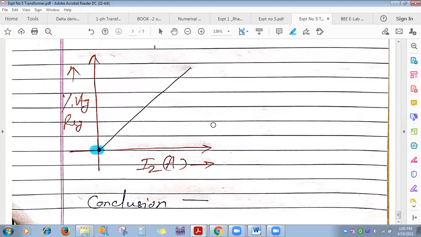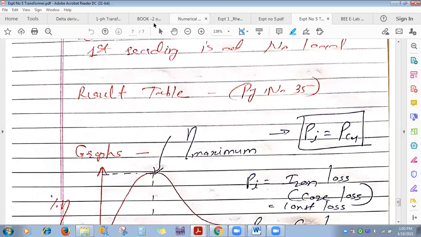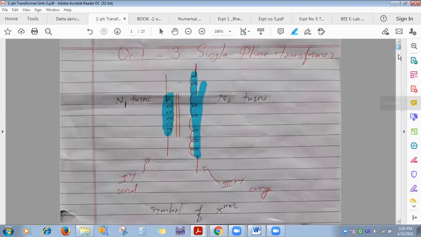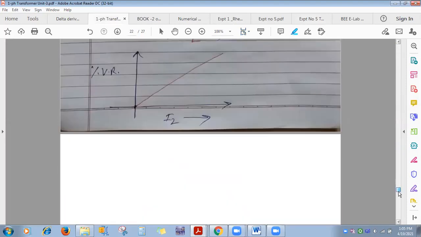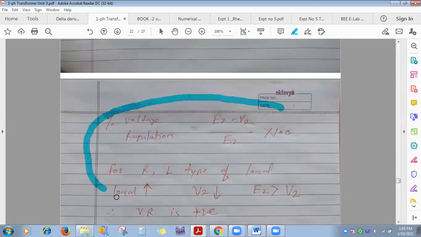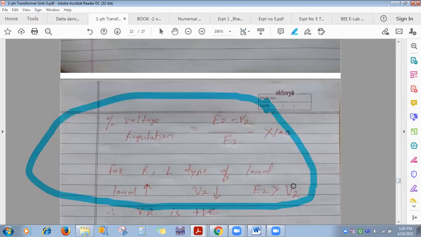Okay, this is about the voltage regulation. What I told you up till now, this is the formula for voltage regulation. And as you go on increasing the load, V2 decreases, which means V2 is always less than E2.